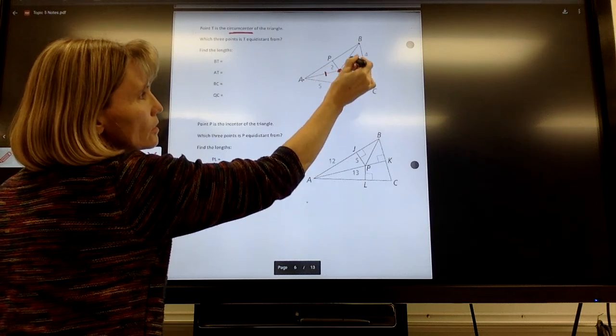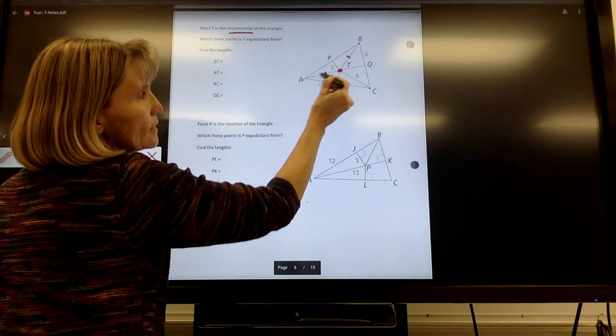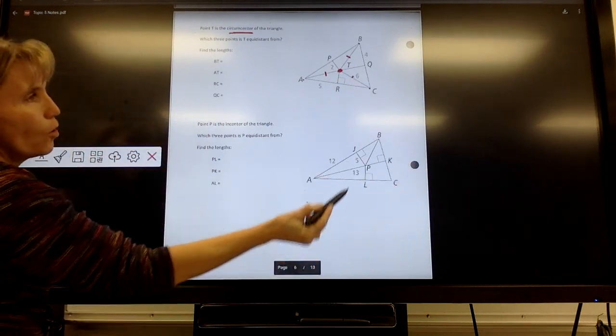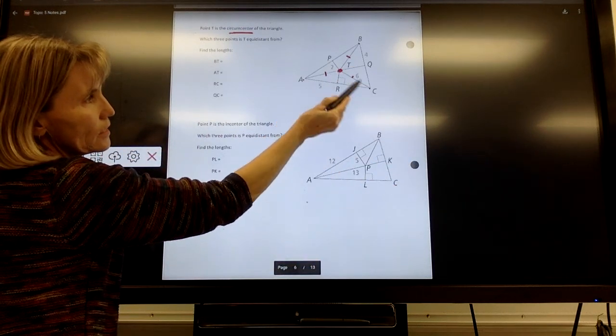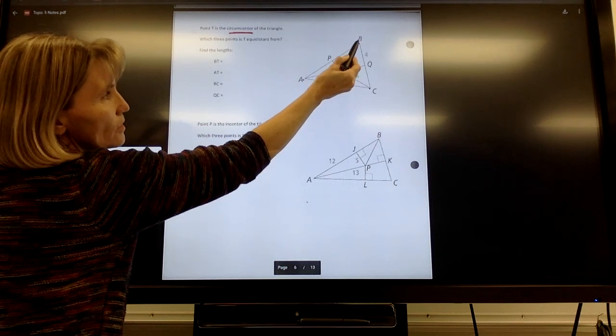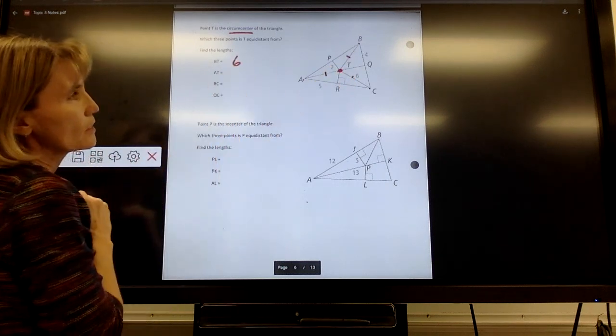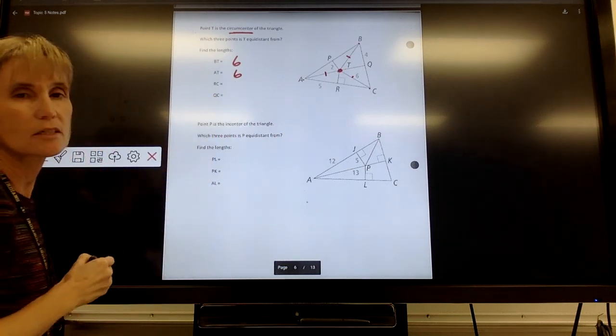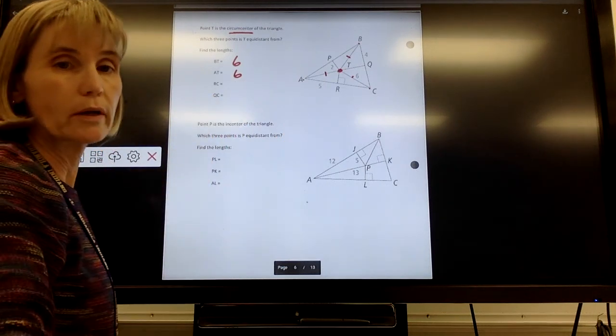So this distance is the same as this distance. A to T is the same as B to T is the same as C to T. Well, I've been given the distance from C to T, that's 6. So that means the distance from B to T would also have to be 6. And the distance from A to T would also have to be 6 because they're all equidistant or equal distance.